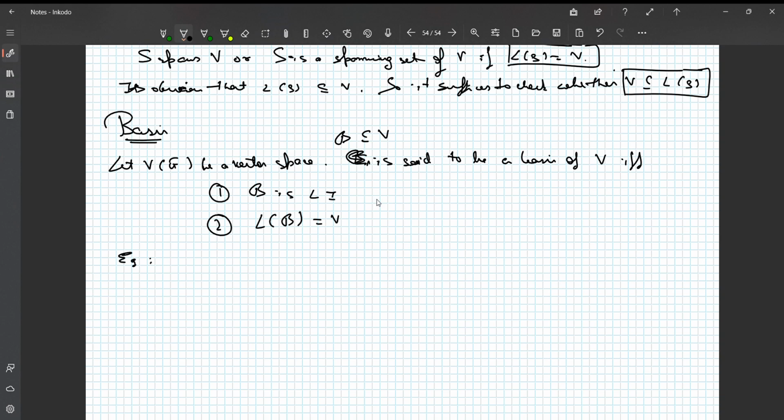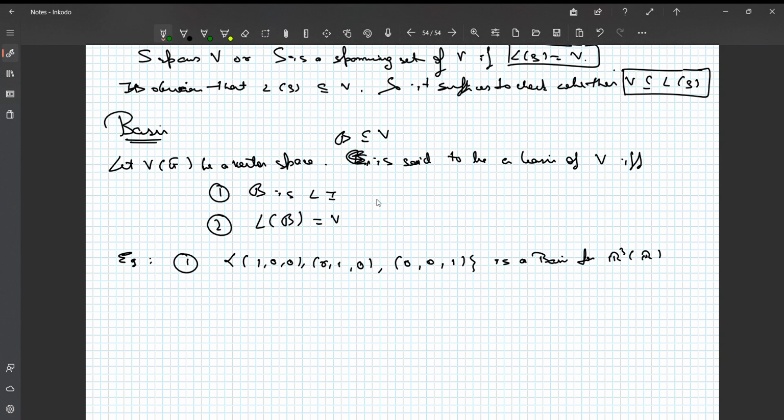Clear? Examples. Example number 1. These are the examples which we previously chose. That is this set (1, 0, 0), (0, 1, 0), (0, 0, 1). So this is a basis for R3 over R. Now, why is it so?